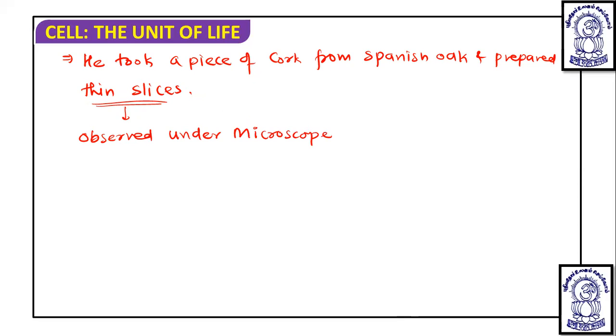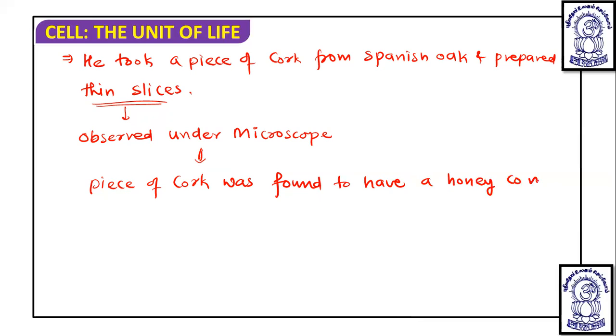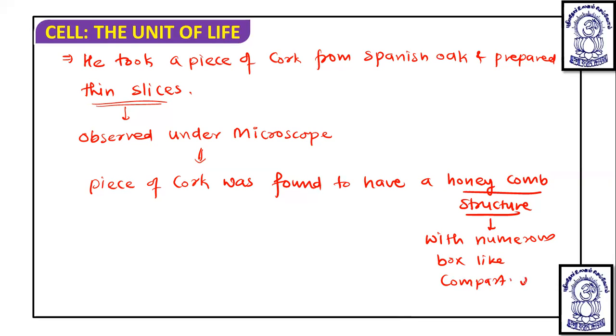When they were observed under the microscope, the piece of cork was found to have a honeycomb structure, with numerous box-like compartments.